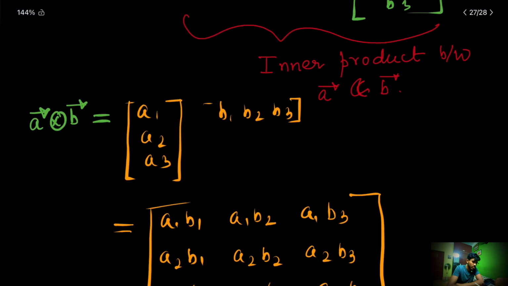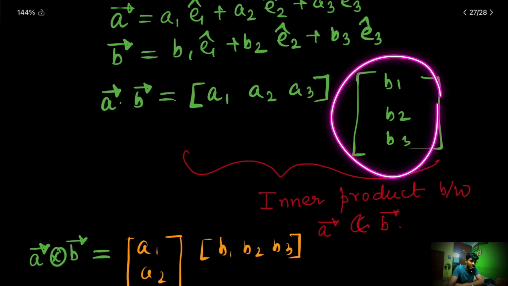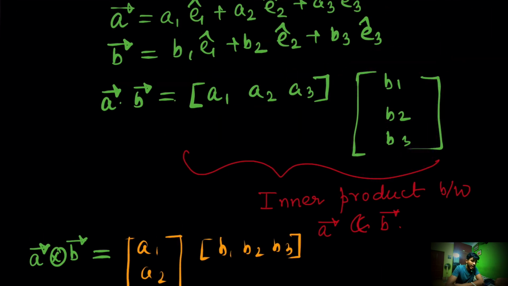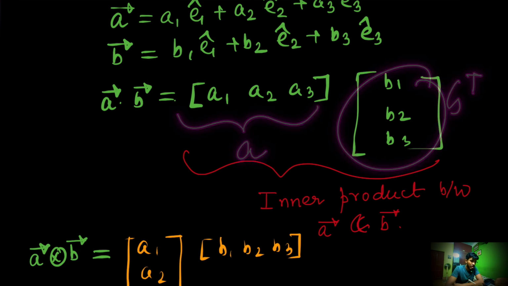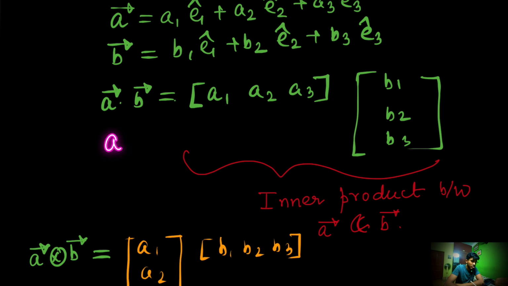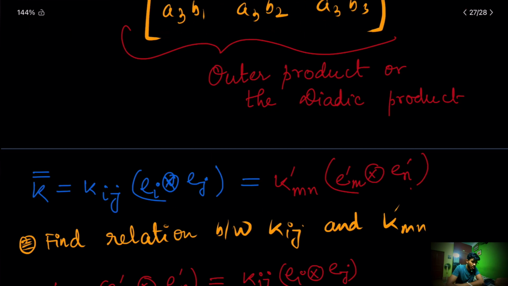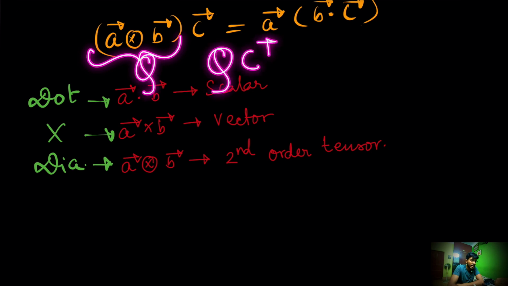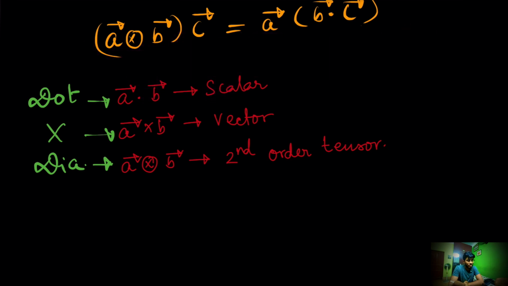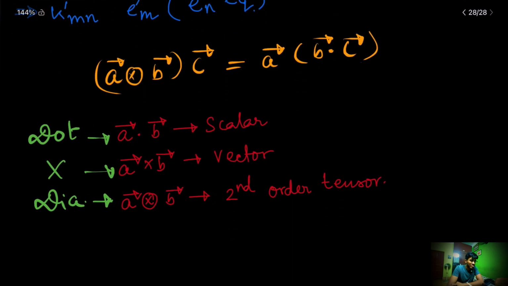If this is A, then it is B transpose, right? So A dot B means A into B transpose. So essentially, if this is a matrix Q, then I have to write Q into C transpose, and that will be equal to A into B C transpose. These are the basics of linear algebra actually.